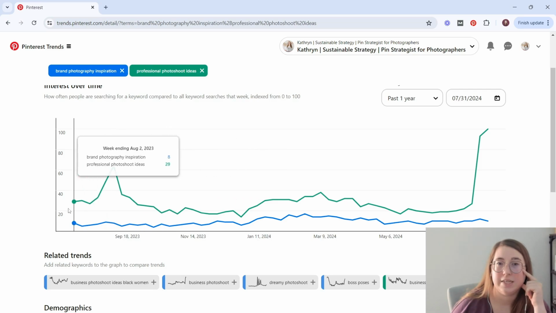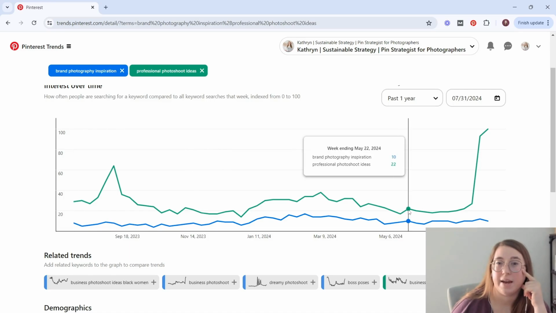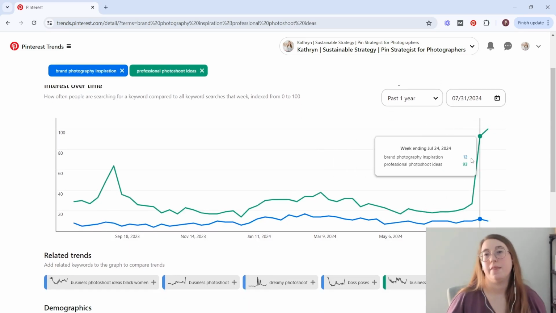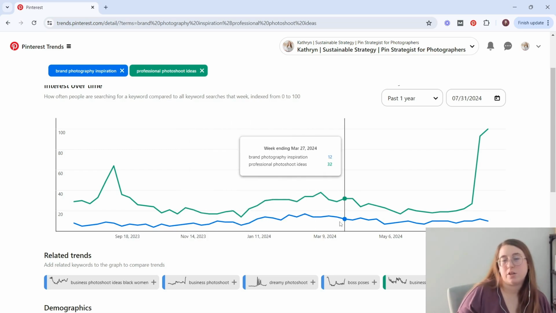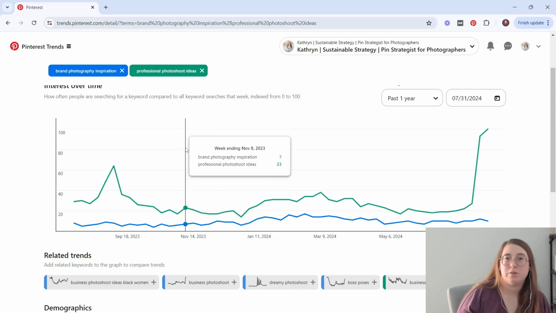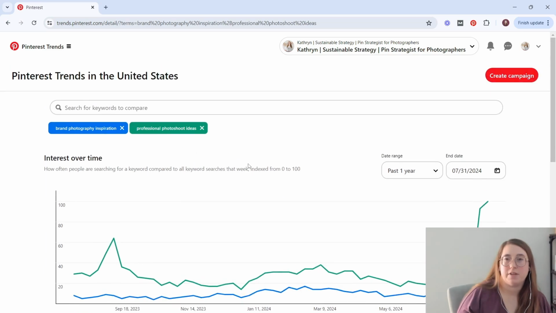And you can see over the past year, professional photo shoot ideas had more interest over time, so more searches over time, than brand photography inspiration. So a little way to use the trend part of the analytics, but that's not what we're going to do today.